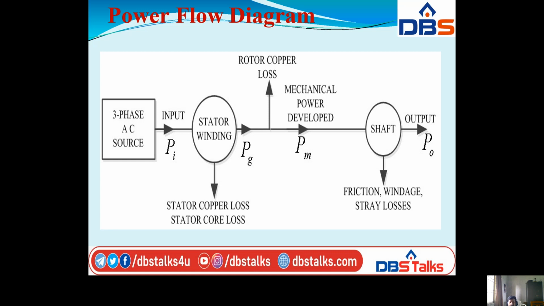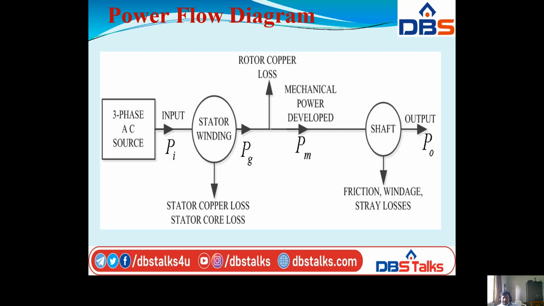This is the power flow diagram. The three-phase AC source input is PI, going to the stator winding, where stator copper loss and stator core loss are available. So PI minus stator copper loss and stator core loss is equal to air gap power.